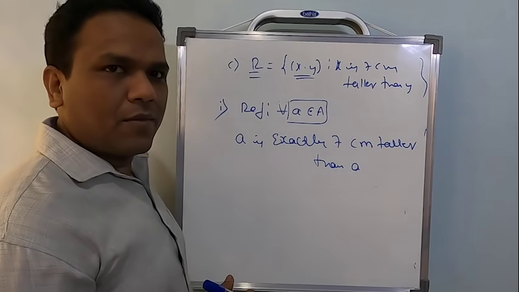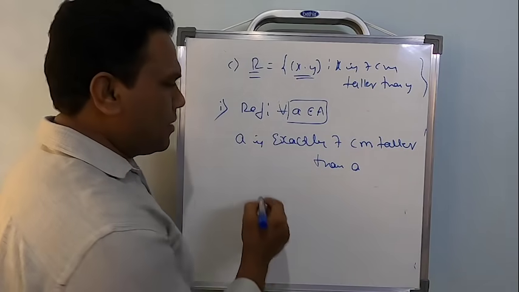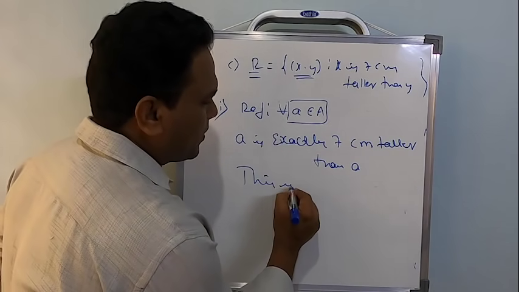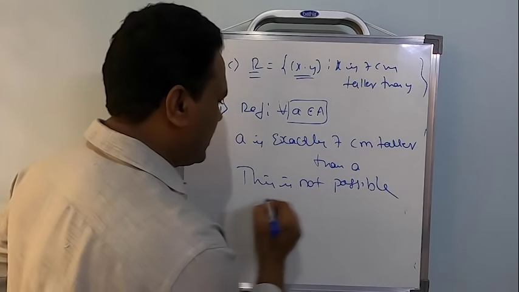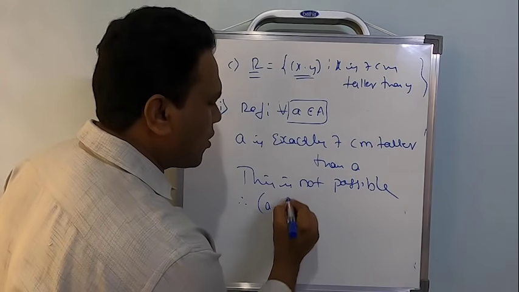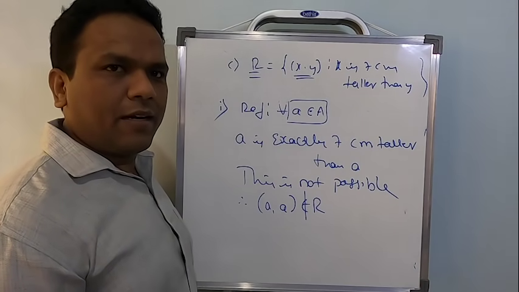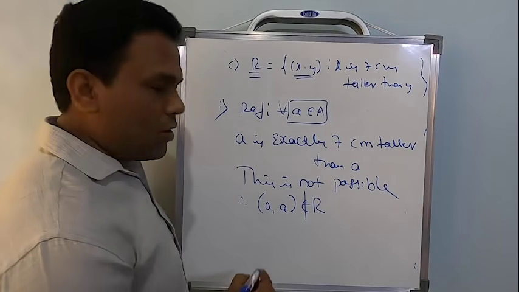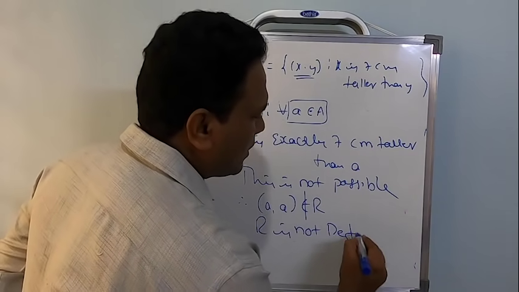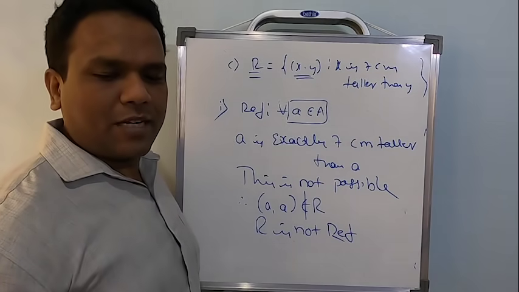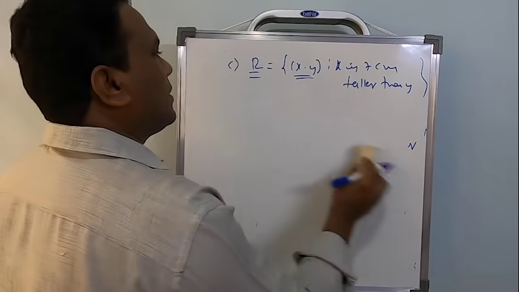But look here. Is it possible to say A is exactly 7 centimeter taller than A? This is not possible. Therefore, you cannot say the ordered pair A comma A belongs to R. Now this is fine, right? Now if A comma A does not belong to R, then R is not reflexive. That's the statement. Now to check for symmetric.